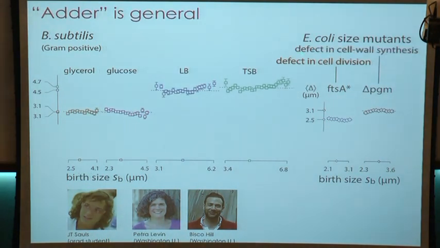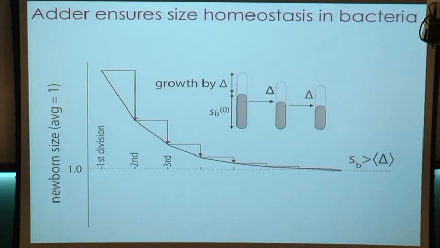This mutant is about a defect in cell wall synthesis, delta PGM, and again, the constancy is there. By now, we've tried many different mutants and strains, and we just cannot break this constancy, except for one case, which I'm not going to talk about.